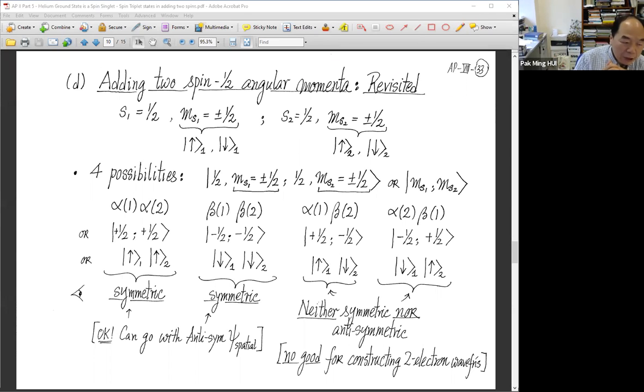Now the MS equals 1 means the projection Z component is 1 times h bar, to be formal. You have 2 spin half. One lives in the upper cone, the projection is h bar over 2. You have another one.